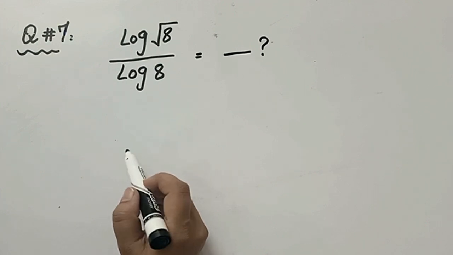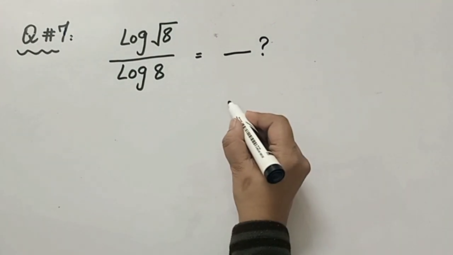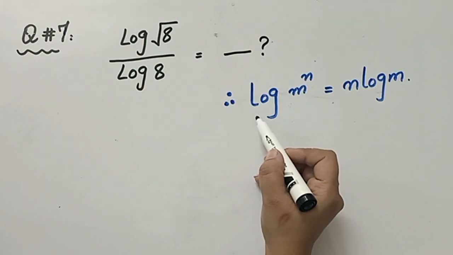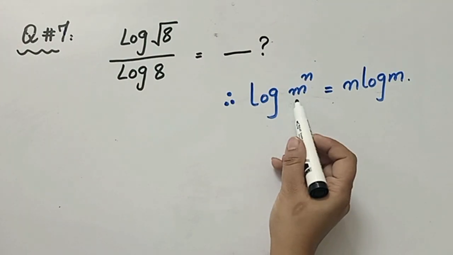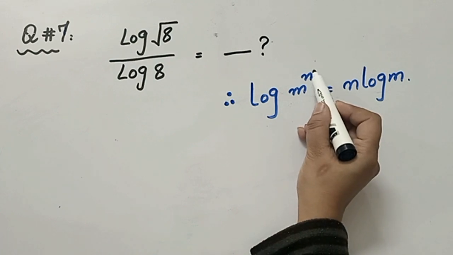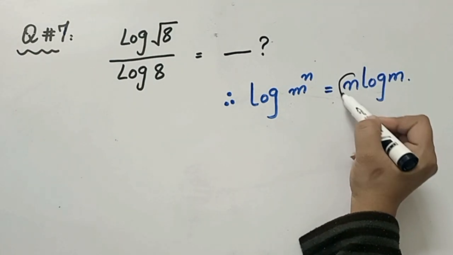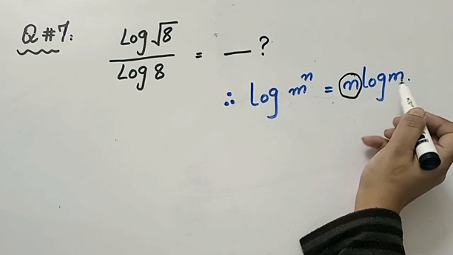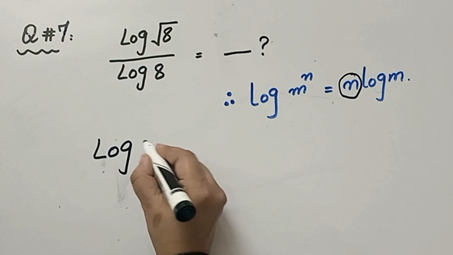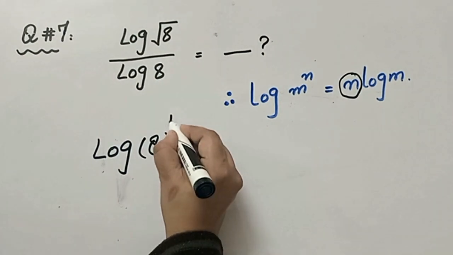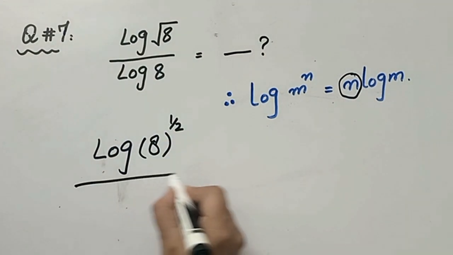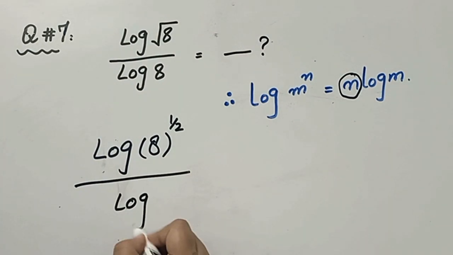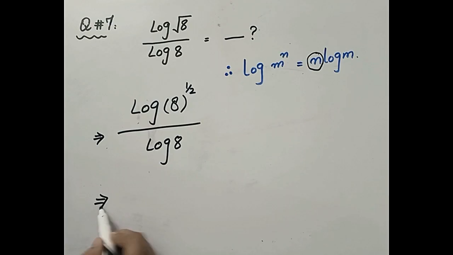In this type of question, you first have to evaluate the power. We know that by the third law of logarithm, if log m raised to the power n is there, then n will come out of the logarithm and it becomes n log m. Log 8 whole raised to the power 1 upon 2, the log of 8.